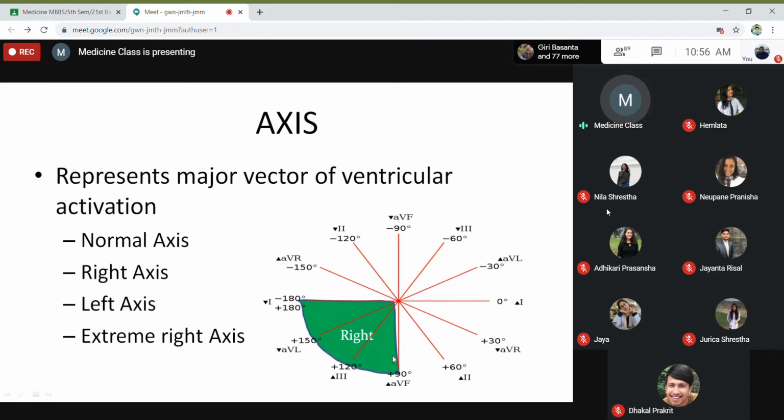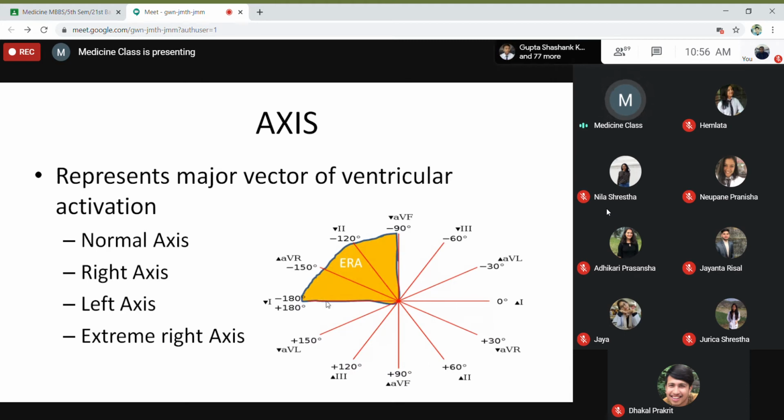This is the right axis, from +90 to 180 is the right axis deviation, and extreme right is from -90 to -180. This is also called no man's land, and sometimes it's called extreme right axis as well.